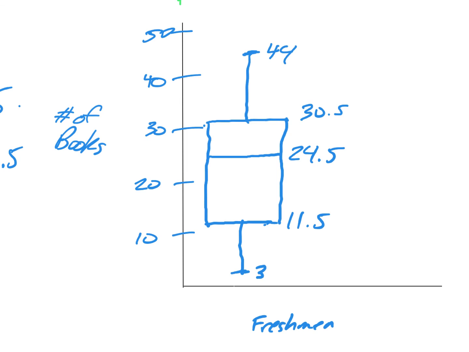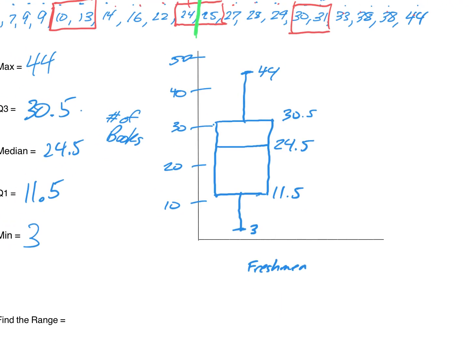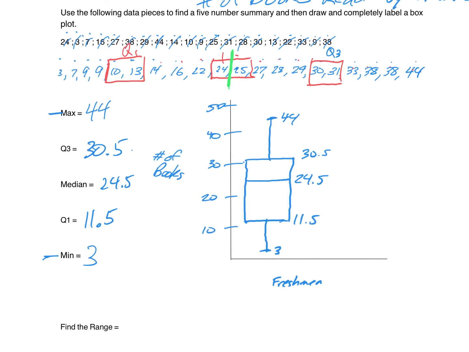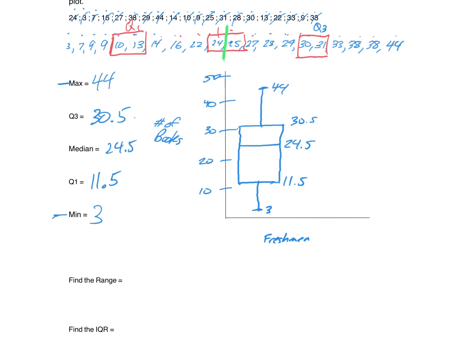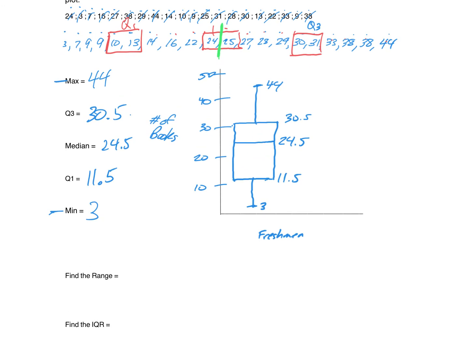All right, you guys saw before in the other examples, the restaurants were your axes, right? And now 2 little subsidiary questions. Find the range, ladies and gentlemen. That is simply our maximum value minus our minimum value, which is 44 take away 3, or 41.